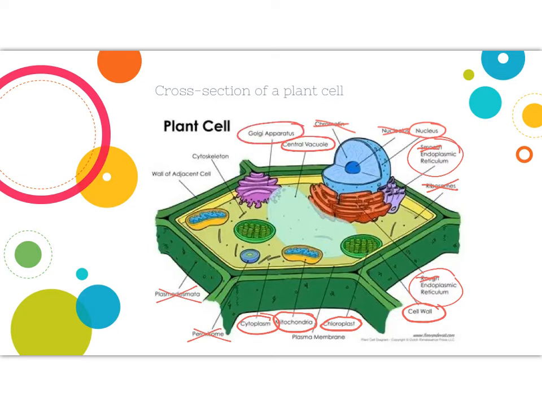We will talk about the plasma or cell membrane, and we don't need to know about the cytoskeleton or wall of adjacent cell. It's just trying to describe that this is one cell and this is another cell butted right up against it. So you can remove a few of these labels here. We don't need all of them, but we will describe each of the ones that we've circled here.